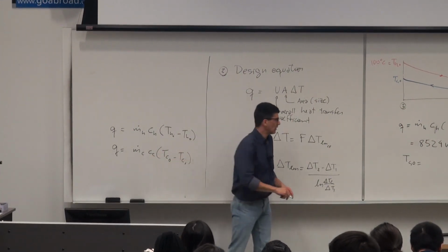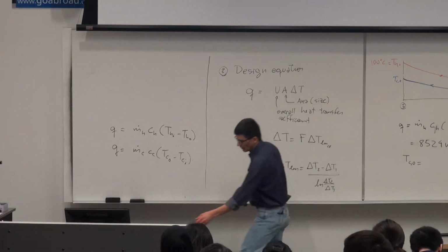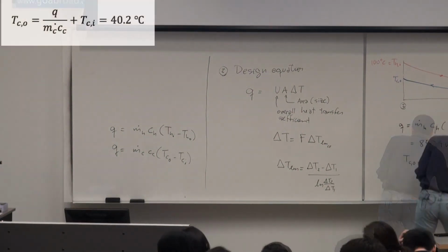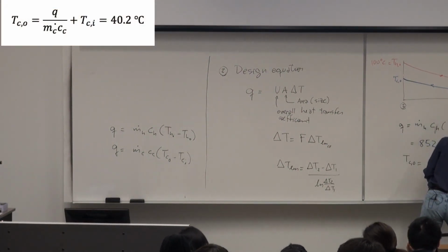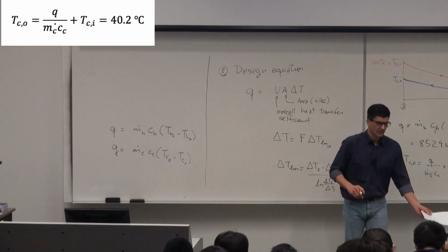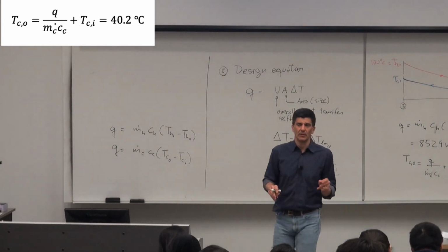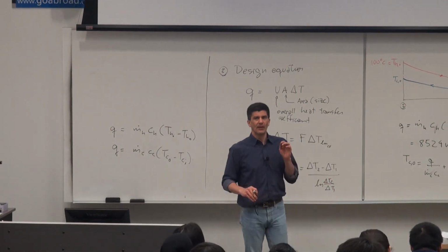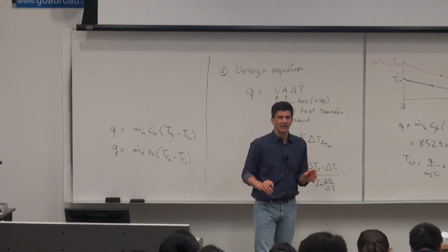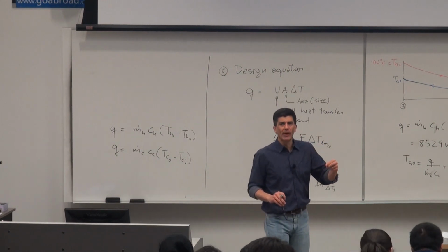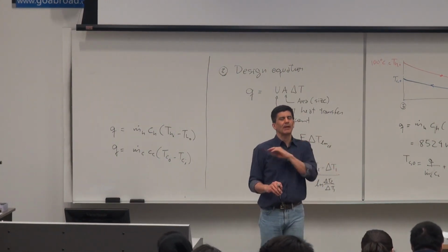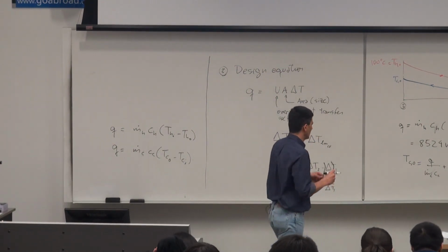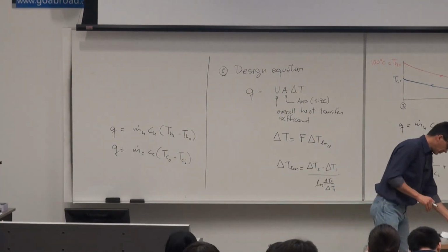We solve for TCO, and when we solve it, that would be 40.2 degrees C. Now this is quite awesome, because a heat exchanger is a serious thing, very expensive, very essential for companies. And little by little, we're chipping away, and we're calculating things that by no means anybody could calculate just out of intuition.